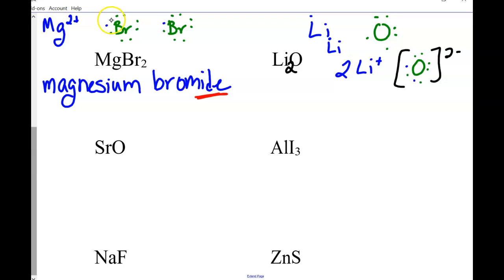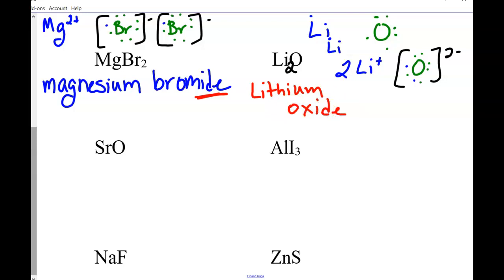So that's how I know that magnesium bromide is going to be MgBr2, while let's name this one on the right side here, Li2O, is called lithium oxide. Oxygen becomes oxide.